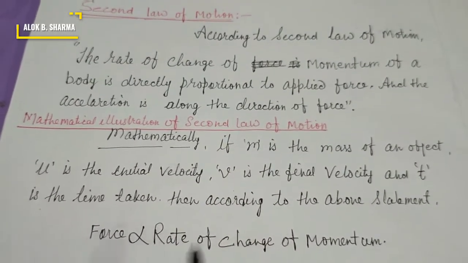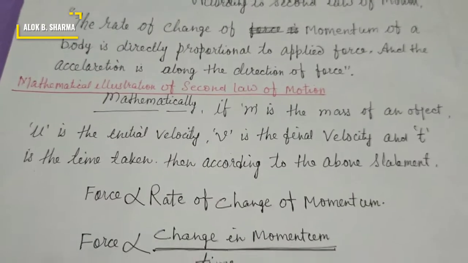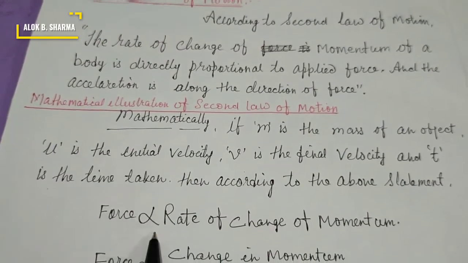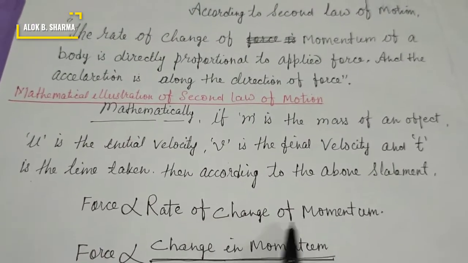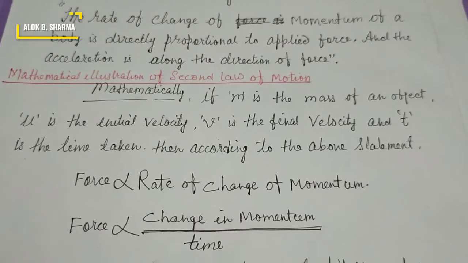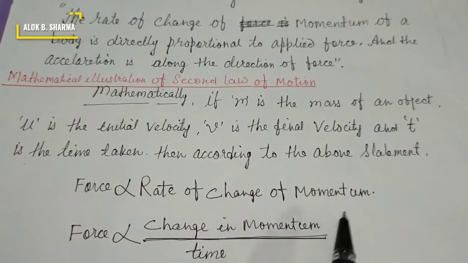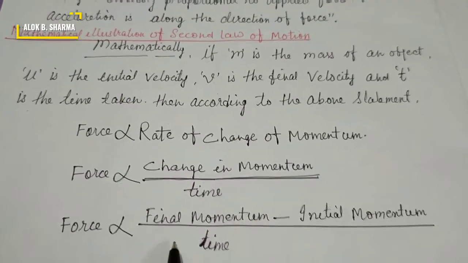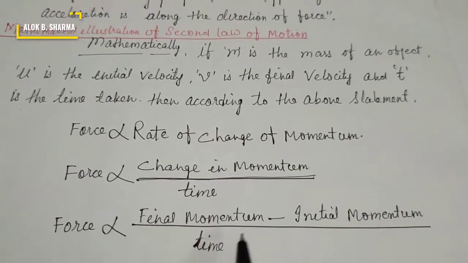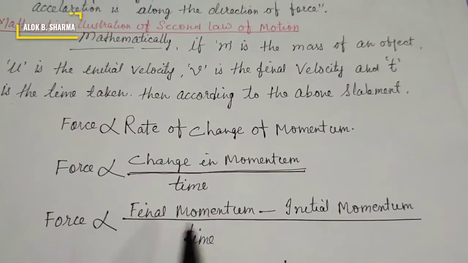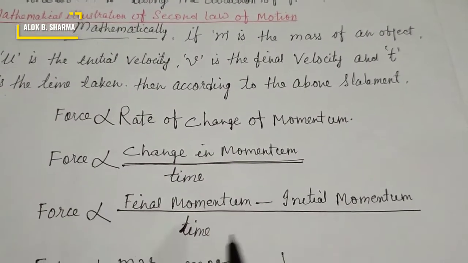According to the above statement, force is directly proportional to the rate of change of momentum. Previously we studied that rate of change of momentum equals change of momentum by time, and change of momentum equals final momentum minus initial momentum. So force is directly proportional to final momentum minus initial momentum divided by time.